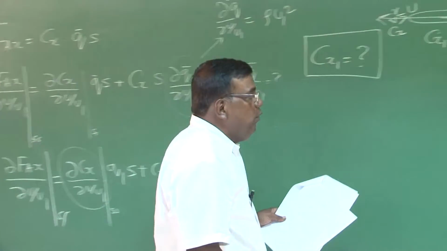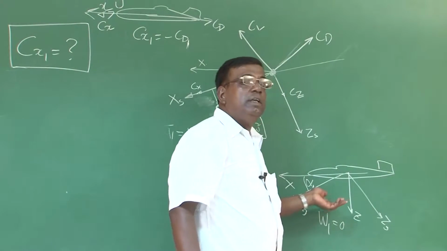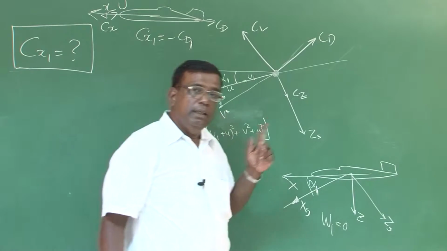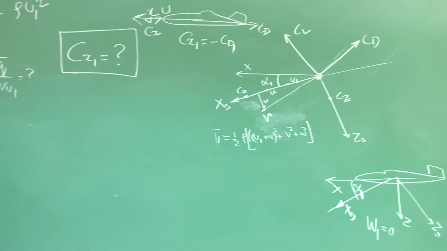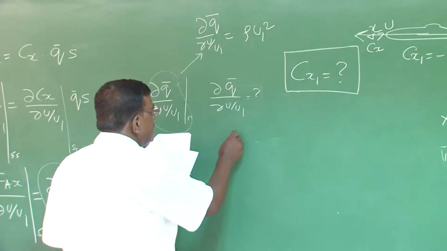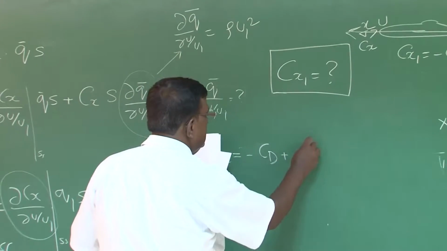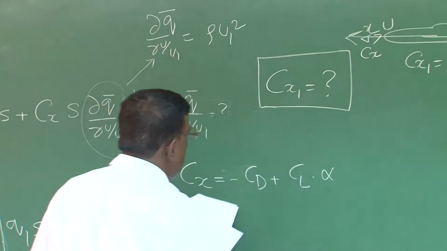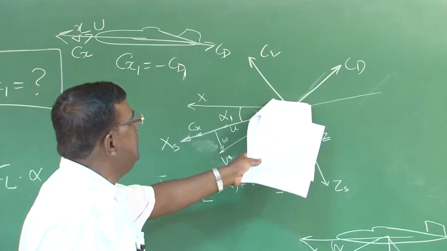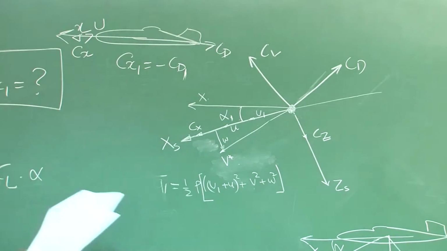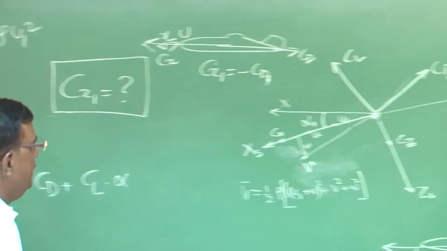Please understand, we are trying to find out everything in terms of CL and CD because we are using the stability axis system, right? That is what I was mentioning in the beginning also. So let us see what happens. You know the Cx for small angle, I can write it as minus CD plus CL into alpha. CL is here, CD is here, alpha is there. So you can easily find out how to define Cx and CD.